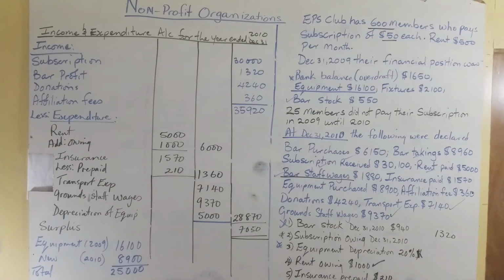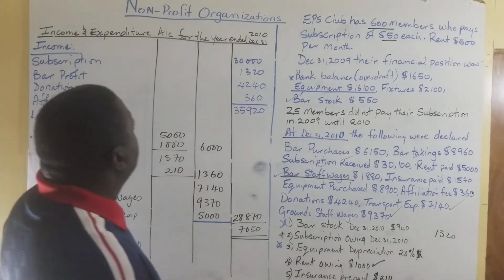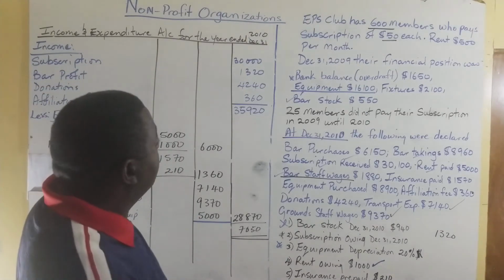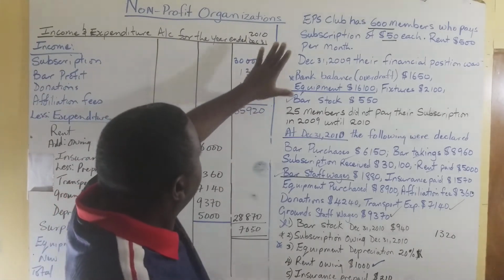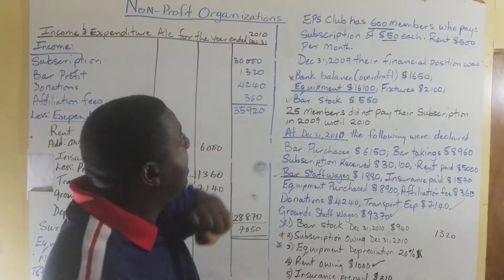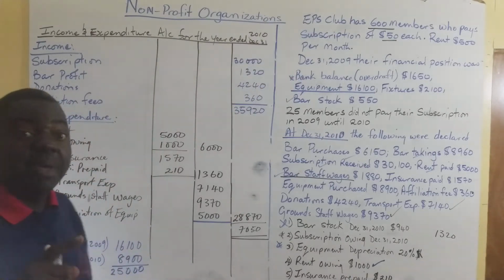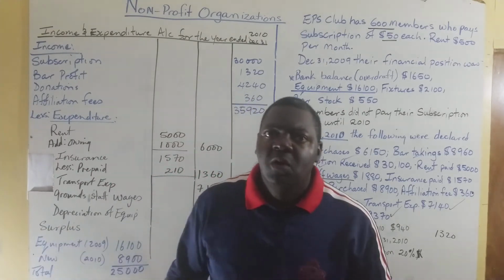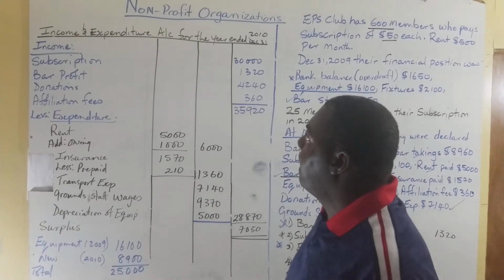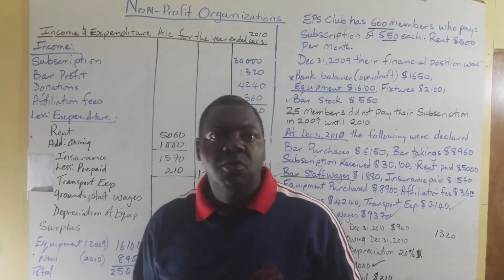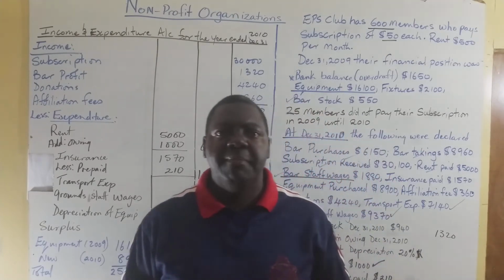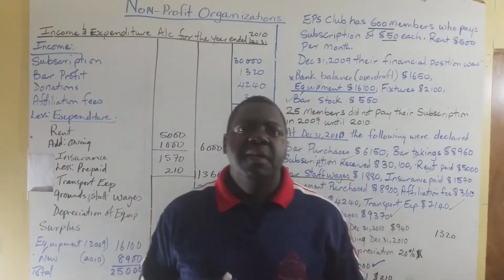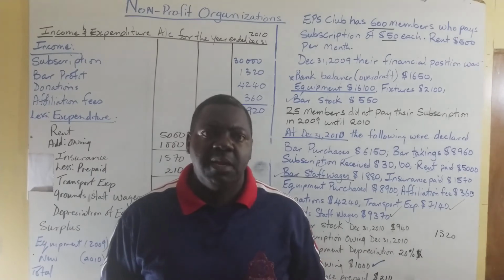All right, so there you have it in respect of the non-profit organization. We did the question for EPS Club, and we have prepared the opening statement of affairs. We've also done the cash book, which is referred to as the receipt and payment account, and we have done the bar trading account, and then the income and expenditure account.